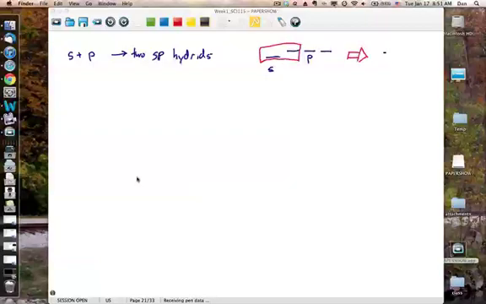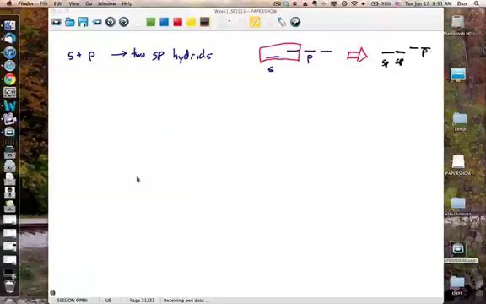One of them gets raised a little in energy, one of them gets lowered a little in energy, and so this leaves us with our two sp hybrids and two p orbitals. And the sp hybrids are degenerate. They're all the same energy, where the p orbitals are slightly elevated.